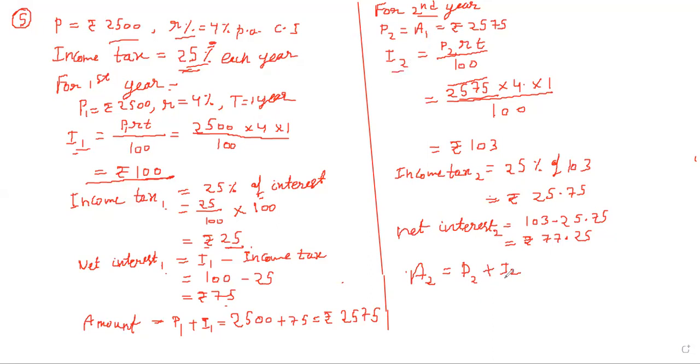This I2 is different from the earlier I2; this I2 is net I2. 2,575 plus 77.25 is rupees 2,652.50. Always write two digits after the decimal while representing rupees.